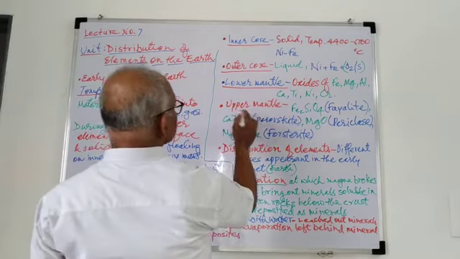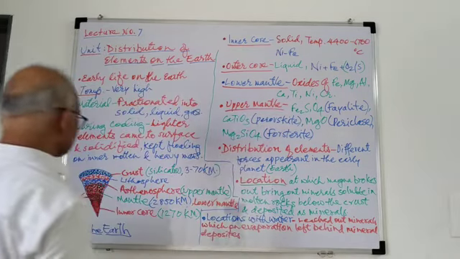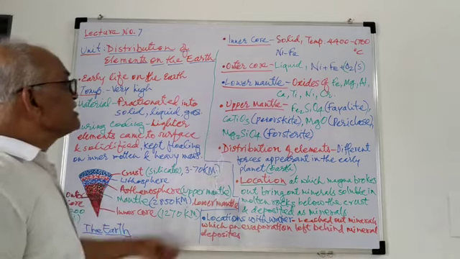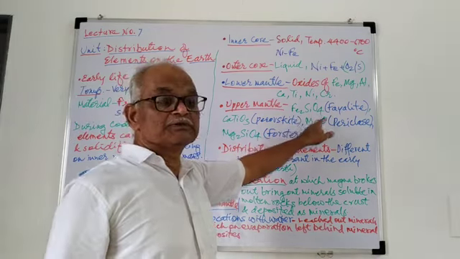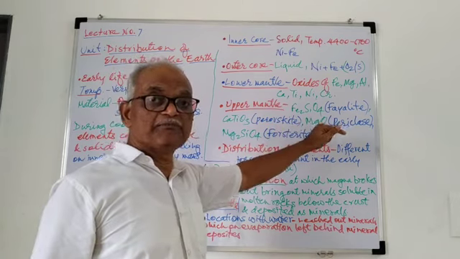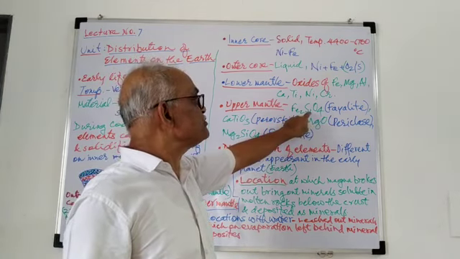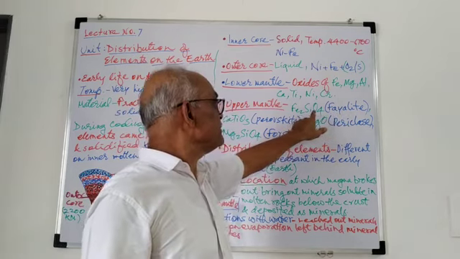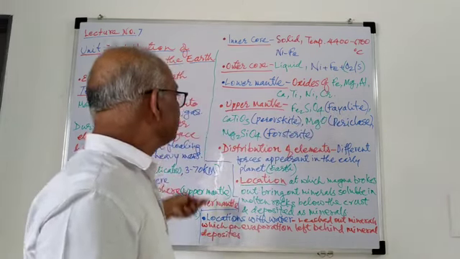Then there is the upper mantle. It is composed of a variety of minerals such as Fe2SiO4, which is called fayalite.